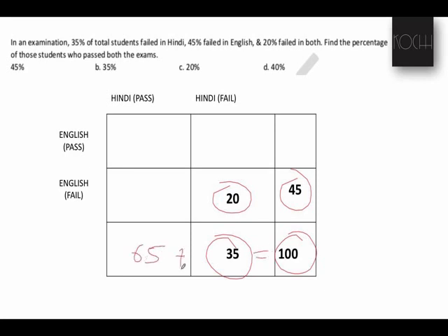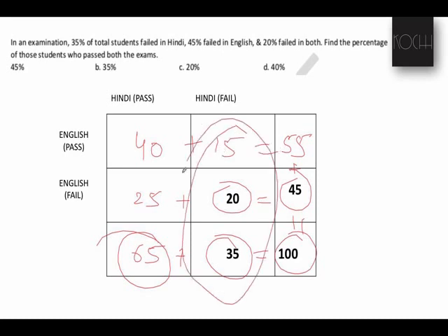What is 100 minus 45? It's 55. So 55 plus 45 is 100. Now what is 45 minus 20? This is 25. So 25 plus 20 gives me 45. Now 65 will also be the total of what plus 25? So this will be 40. Now 40 plus 15 is 55 and we can verify it with this.